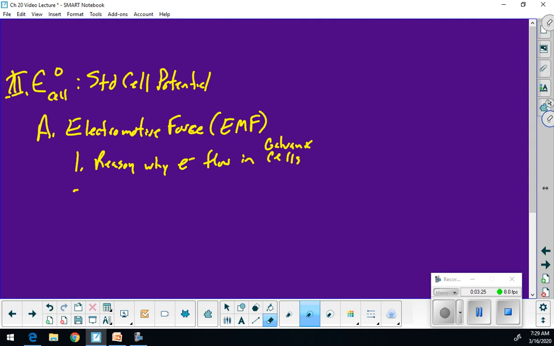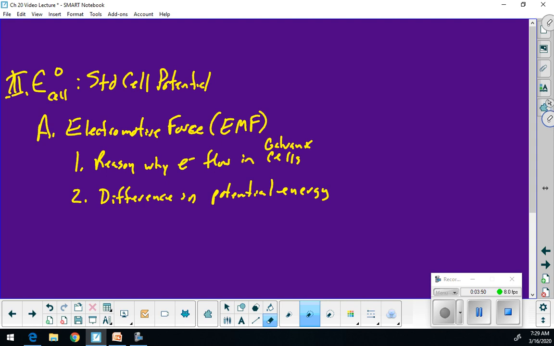The thing about it is, in our cells, there is a difference in potential energy between my anode and my cathode, really, between my oxidation half cell and reduction half cell.